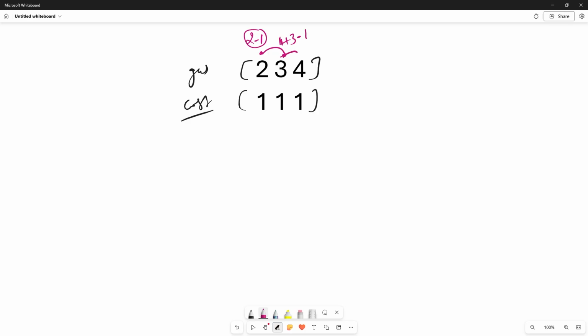Now, if you move to the next gas station, you will have 3 units already. You can fill 4, but you have to sacrifice 1 unit to move to the next gas station. So you give up 1 unit. Now you are left with 6 units, which means you can go from here to here. So when you reach here, you have 6 units in your tank, which means if you start at the start index, you will be able to reach the first index again. So the 0th index is our answer.